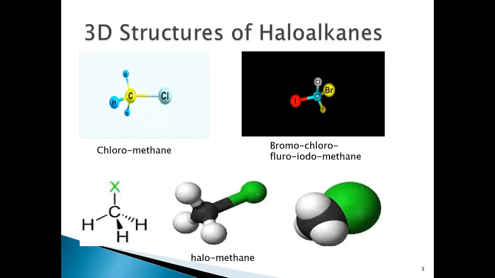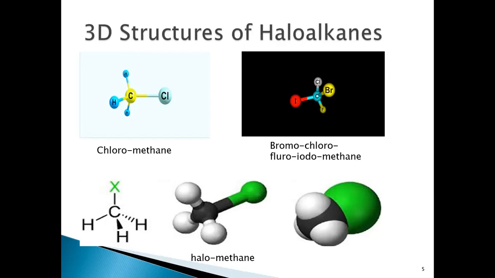You can see here the 3D structure of haloalkanes. See here in this chloromethane, where one hydrogen is replaced by chlorine. Here you can see the carbon-chlorine bond and 3 hydrogens. Then this compound is chloromethane. Instead of chlorine, it may be any halogen like bromine, iodine and fluorine.